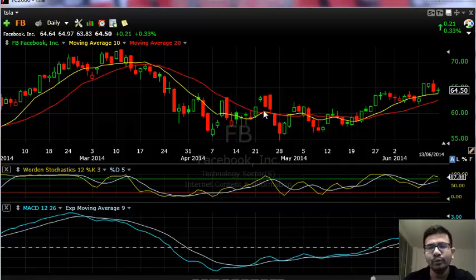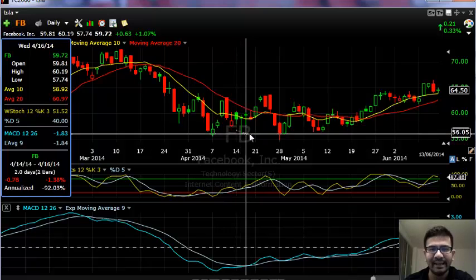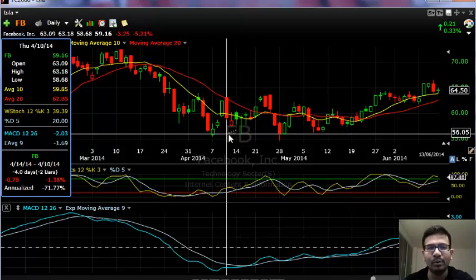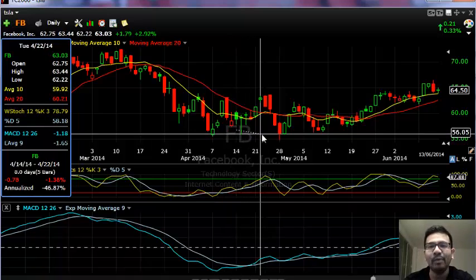So I'm just going to give you some logic on how I or people analyze charts here. First of all, what is support? Let's say, for example, here the big support was at Facebook. We have more than 3 points together here.